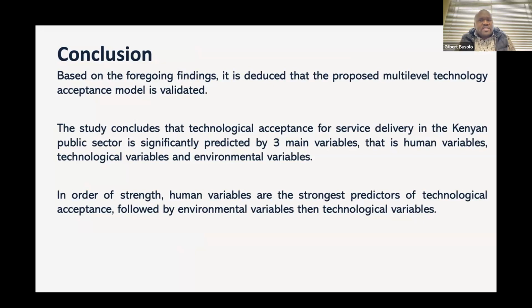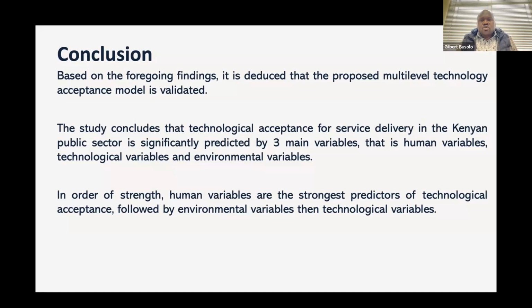The proposed multi-level technology acceptance model validates the use of models in properly and positively guiding the process of implementing a technology. So at the end of the day, this study concludes that technological acceptance for service delivery, even in the Kenyan public sector, is significantly predicted by the three main variables, that is the human, technological, and environmental.